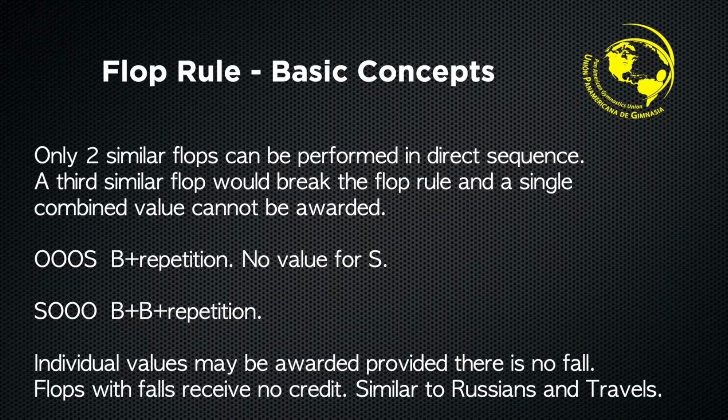If a gymnast performs Stockley plus 3 loops, then the first 2 receive their independent value of B plus B, and the rest is considered repetition, and no flop rule can be awarded for credit.